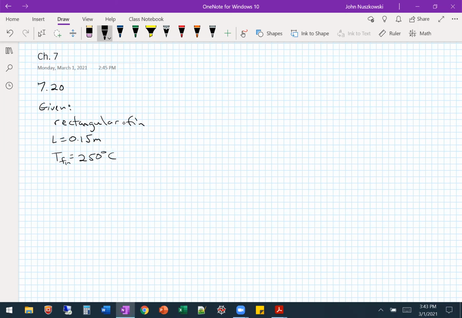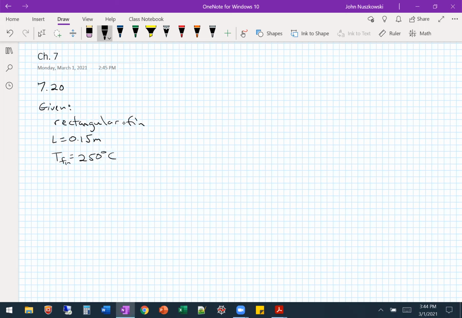So they're very much making an assumption here, or this fin is maybe copper or aluminum, so that they're able to say that the fin temperature is all uniform throughout. Okay, it's conducting through it and being the same temperature. As we know from chapter 3, there's a temperature profile of the fin. Okay, in this problem, they're just saying it's one temperature.